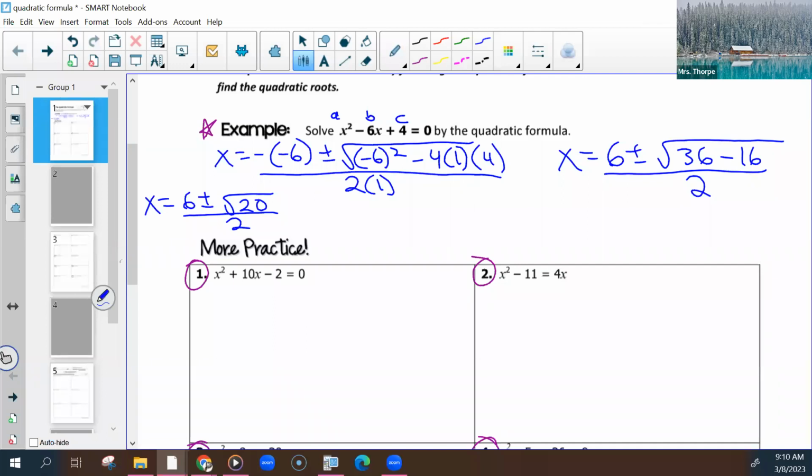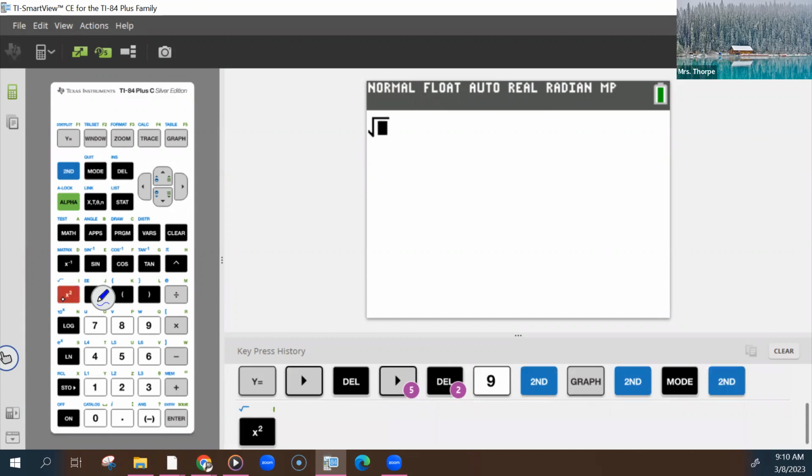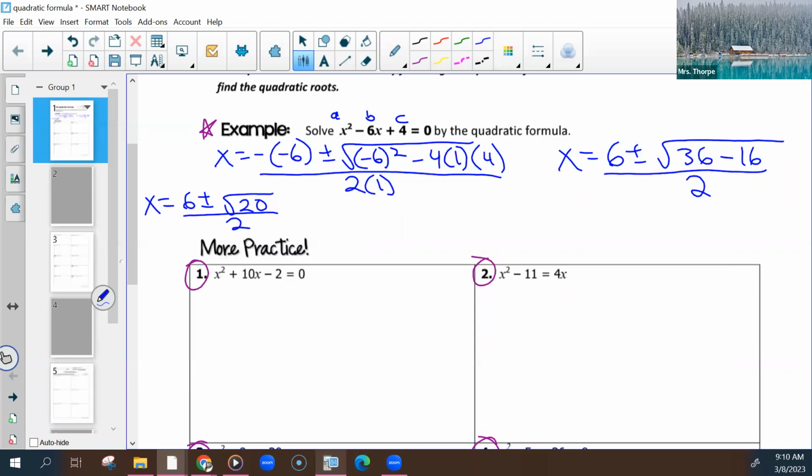If you're not sure, you can go to your calculator. I hit second mode to get out of that, and then second x squared will give you your square root. And you can put that in. If you get decimals, you can leave it on. When I show you how to do the Khan Academy next class, I'll show you how to change it.